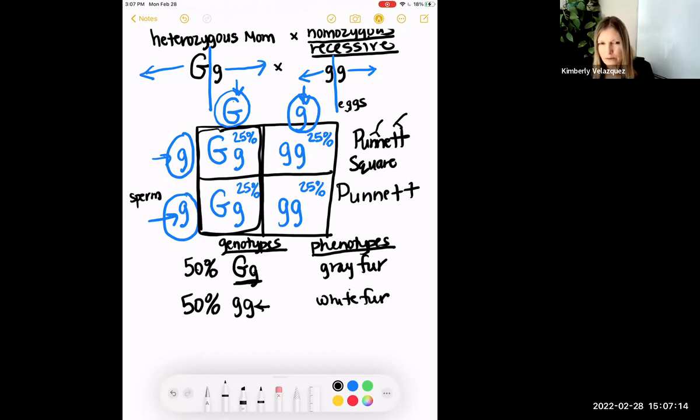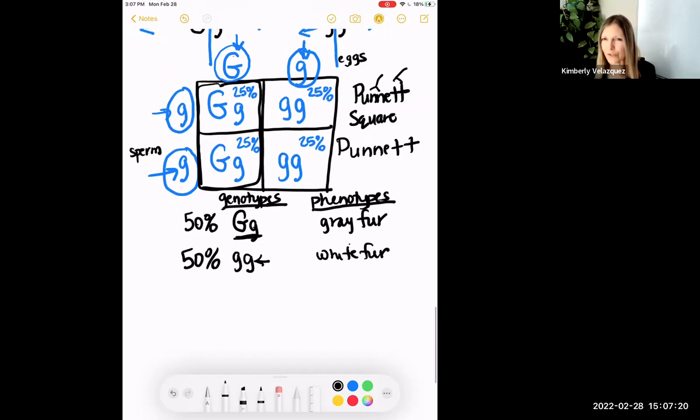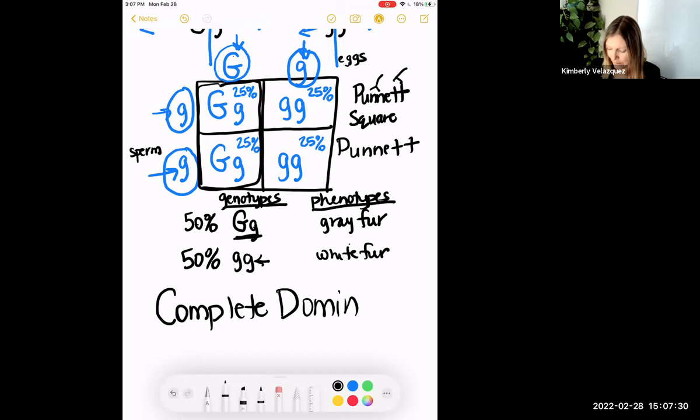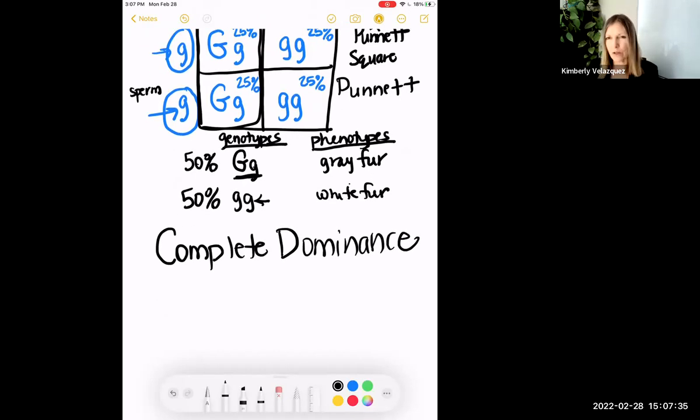This cross in which one allele is completely dominant over the other allele is our first pattern of inheritance. And it's called complete dominance. In this story about fur color in rabbits, gray was completely dominant over white.